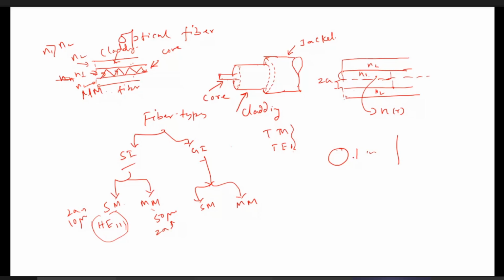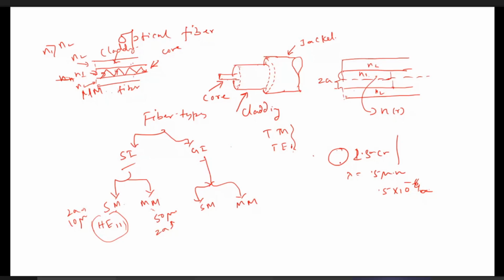That is because the wavelength of green light is 0.5 microns, that is, 0.5 into 10 to the power minus 6 meter, whereas here it is 2.5 centimeters. So lambda can almost be treated as 0 in this case. Only then can ray optics be used, if the dimension is large.